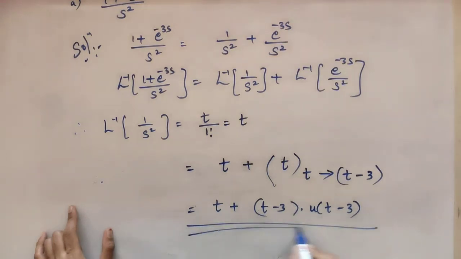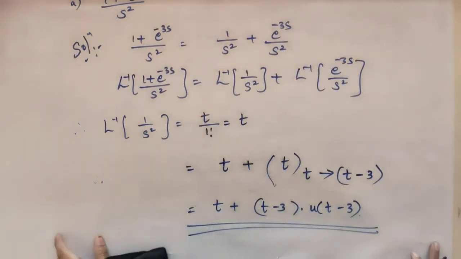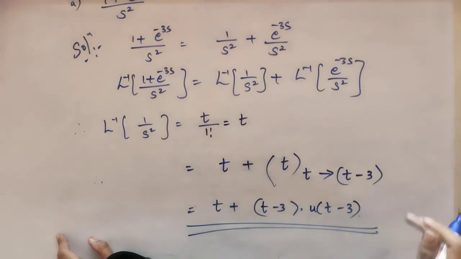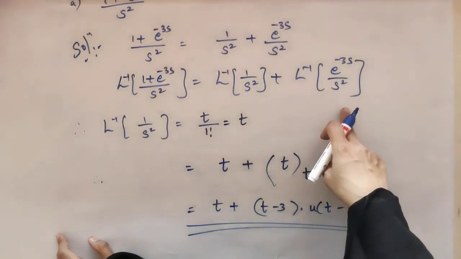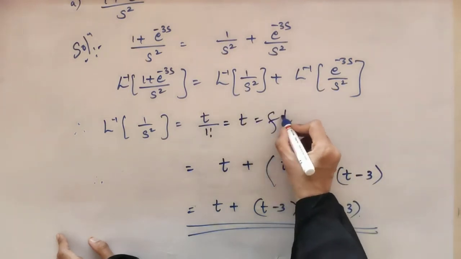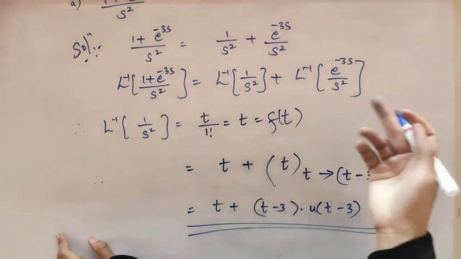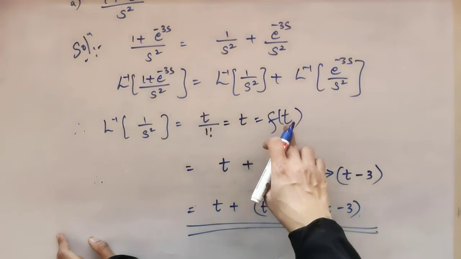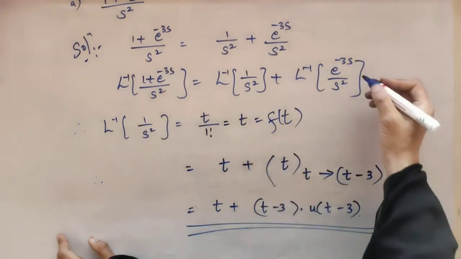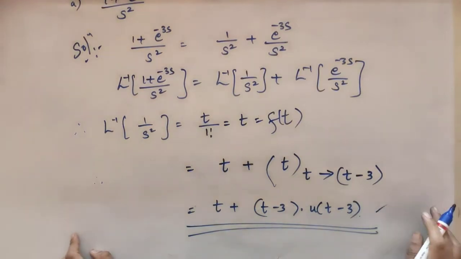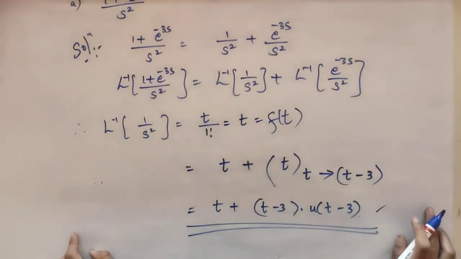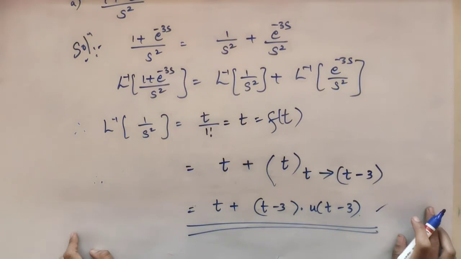This is one simple step using that property which we have solved. Only thing is that in place of f of t you get t; that is your f of t now. You multiply it with the unit step function, changing the variable t to t minus 3 in this case, because the value of a is 3. I hope it is clear, but still if you have any doubt, you can ask me in my WhatsApp group.